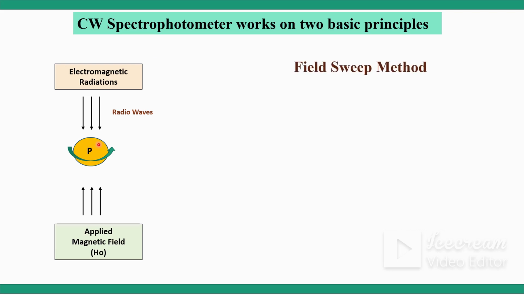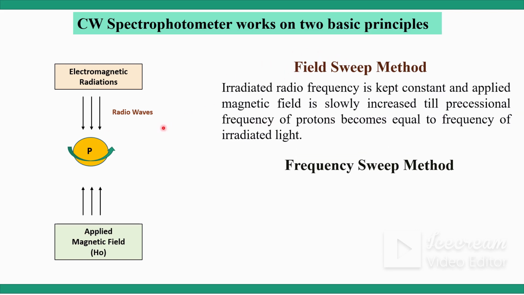The first is the field sweep method and the other is the frequency sweep method. In the field sweep method, the irradiated radio frequency light is kept constant and the magnetic field is slowly increased till the precessional frequency of the proton becomes equal to the frequency of the irradiated light.